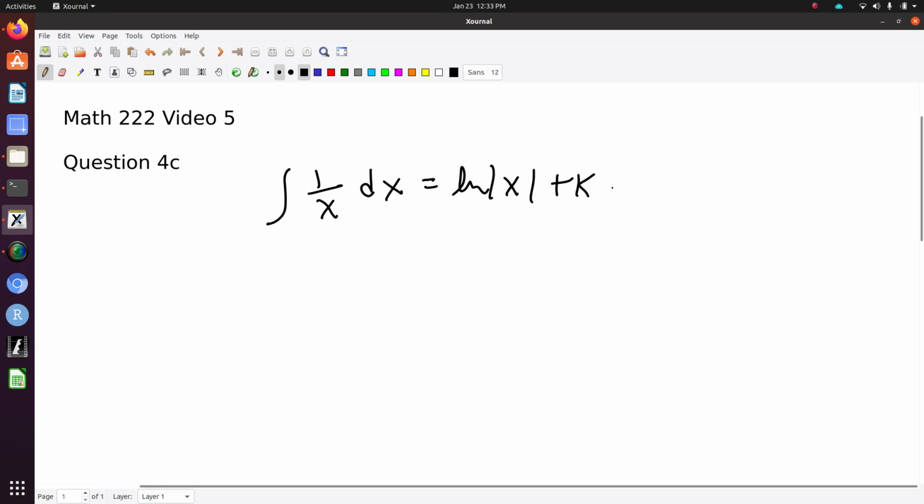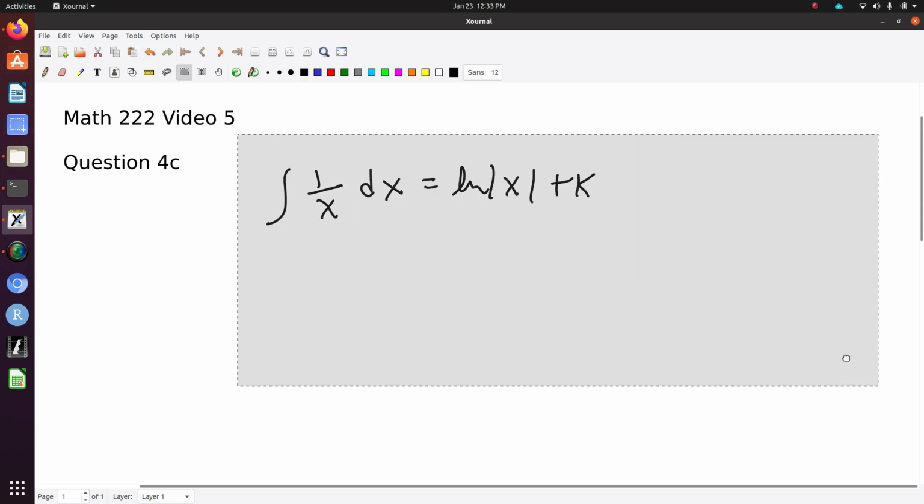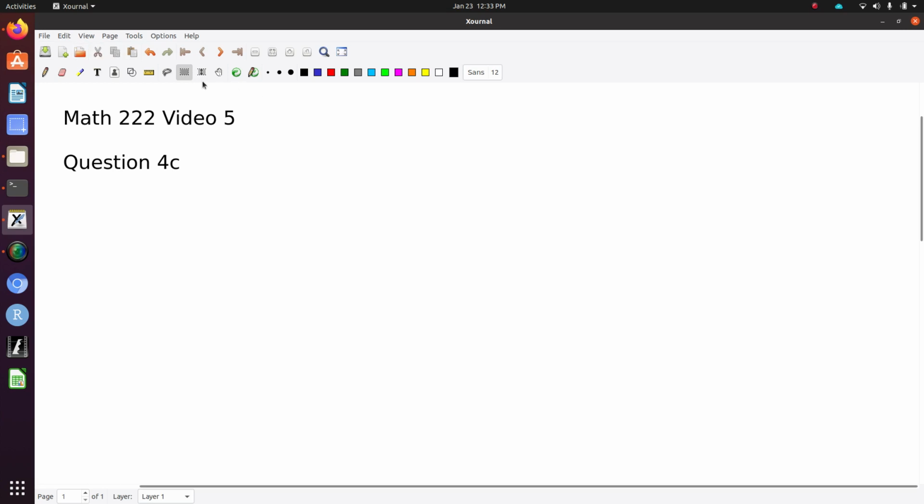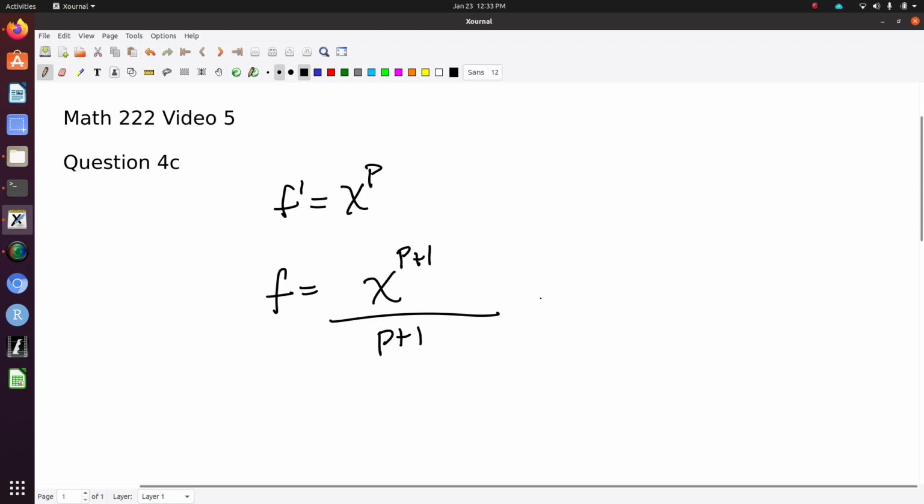But I want to take a moment to explain what's actually going on from a calculus standpoint, because this thing is so beautiful and so lovely that it cannot go on without some kind of explanation. So let's say the following. If we have some power p, then the antiderivative f is usually equal to x to the p plus 1 over p plus 1, plus some constant.